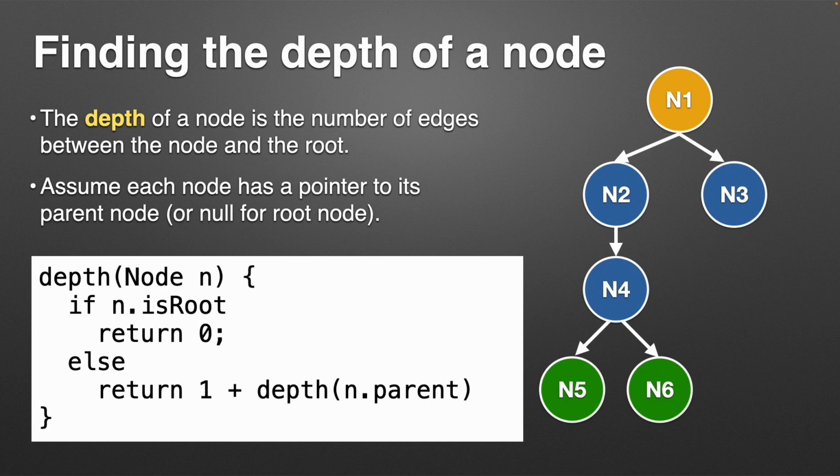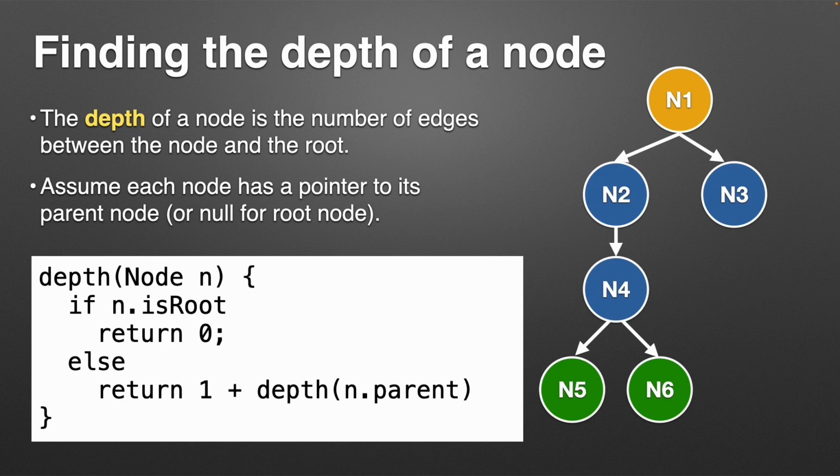And so you can trace this out pretty easily in a small tree like this. The idea is that you would receive a reference to a node. Let's say that node is n5. So when we come through here, we have n5. It's not the root, so we return 1 plus the depth of n4.